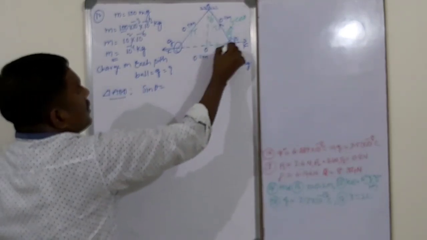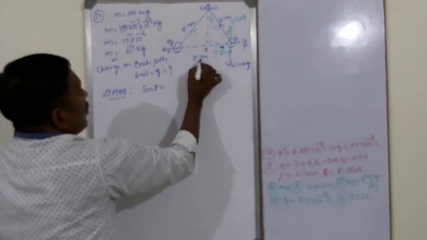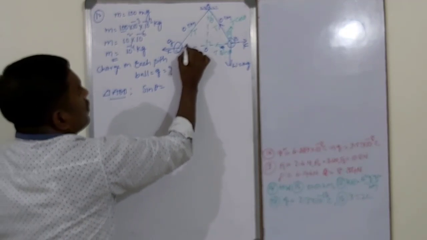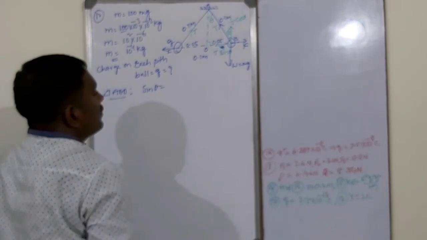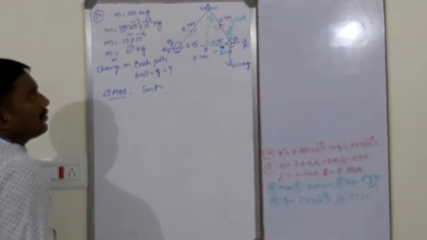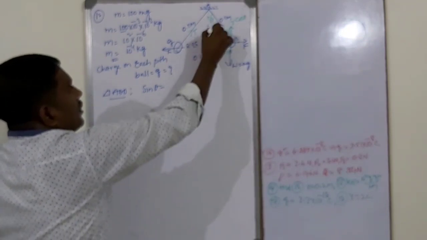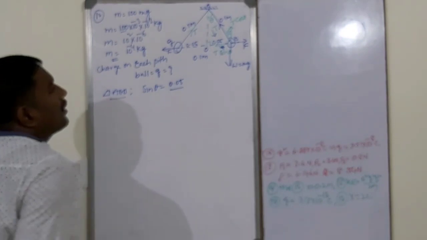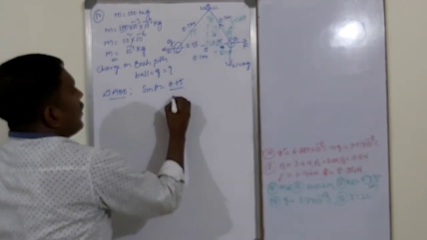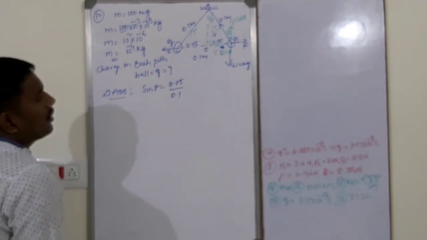Sin theta is the opposite side, this is half of 0.1, that is 0.05. So from the figure, sin theta is the opposite side, 0.05, divided by the hypotenuse, 0.1.